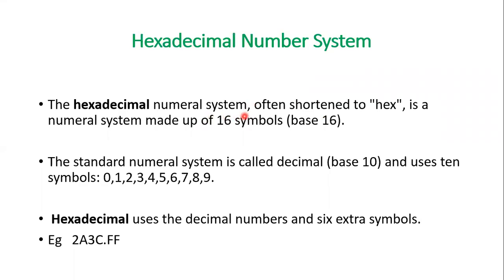The hexadecimal number system, we call it hex, is a numeral system made up of 16 symbols, that is, whose base is 16. The hexadecimal number system takes the numbers from the set 0 to 9.